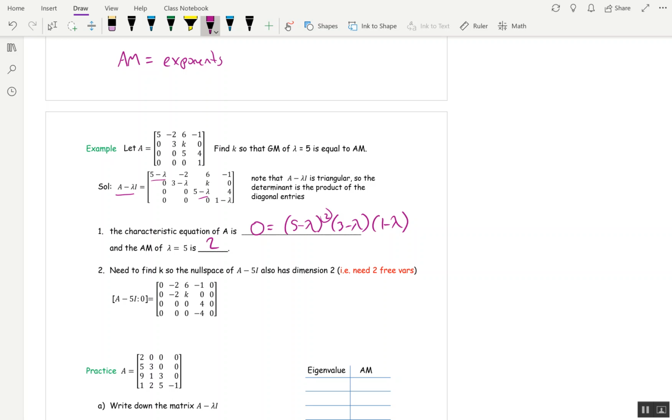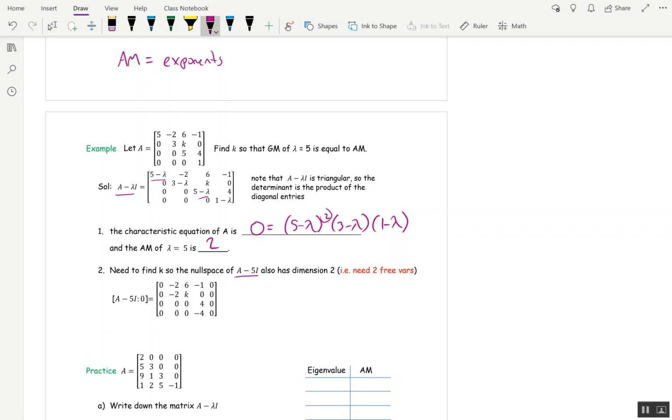Now I want to find K so that the geometric multiplicity is 2. Now the geometric multiplicity is going to be the dimension of the null space of A minus 5I.